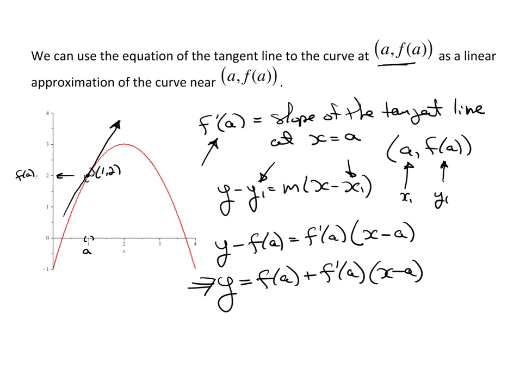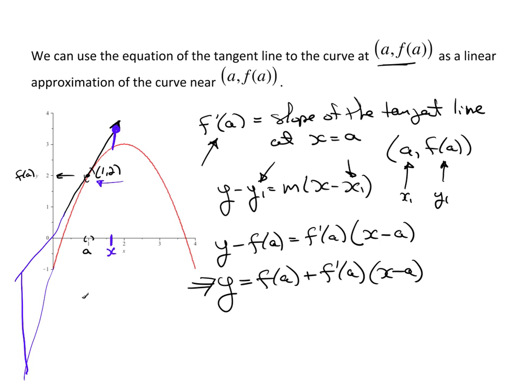But notice quickly that as I get farther away from a, say I pick a point over here someplace for some value of x, now my linear approximation, which is on the line, is going to be pretty bad. If I come way over here, then this curve comes way down, then my approximation is even worse. So as I start getting away from this known point, my approximation starts getting worse and worse and worse.